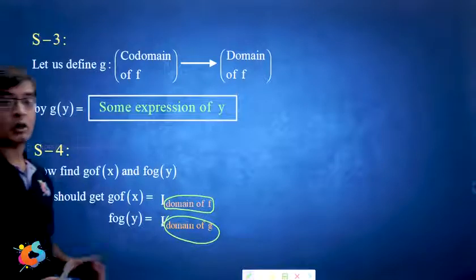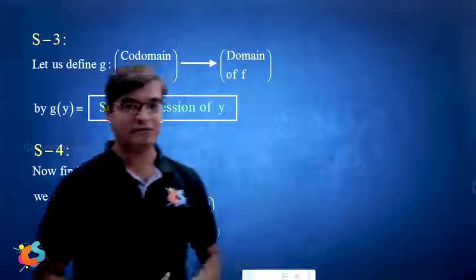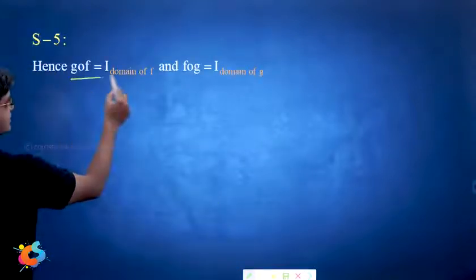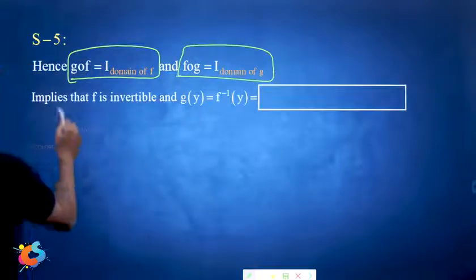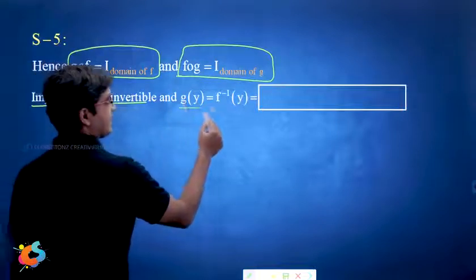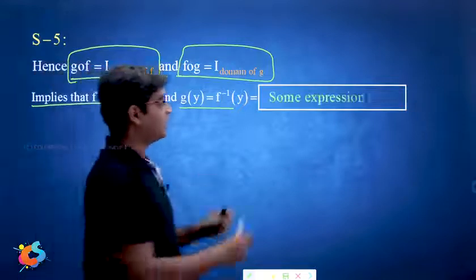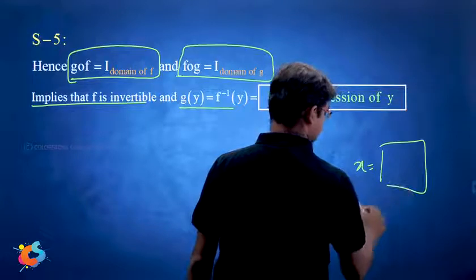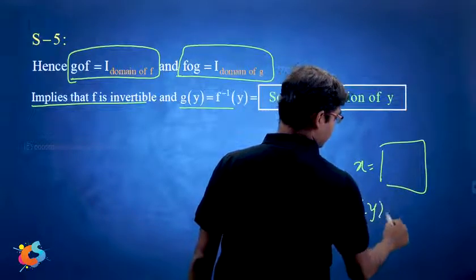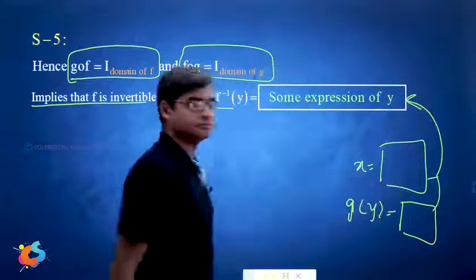So you have proved the composite function of g and f is an identity function, and therefore this says that f is invertible. Hence g circle f is an identity function and f circle g is an identity function, implying that f is invertible and g of y is equal to f inverse of y is equal to whatever was that expression of y. You are getting this from step 2, and in step 3 also you have the same box. That same box will come here.